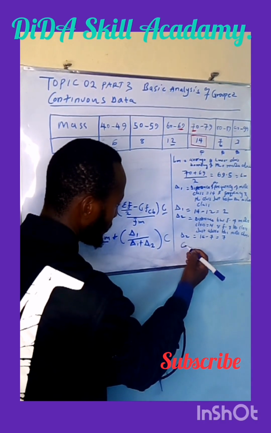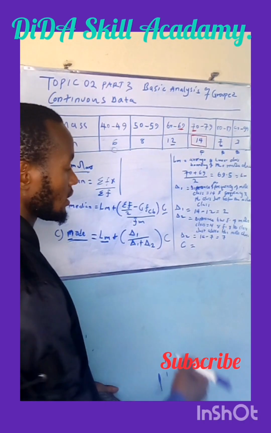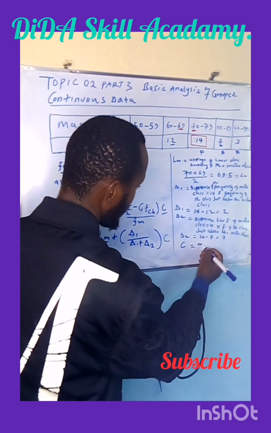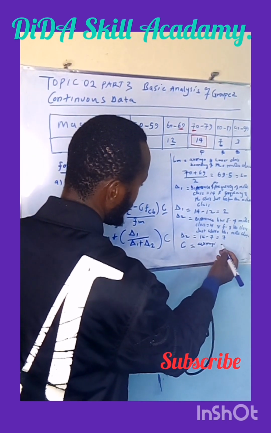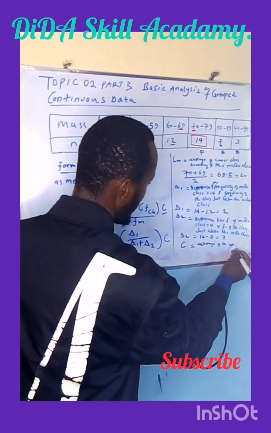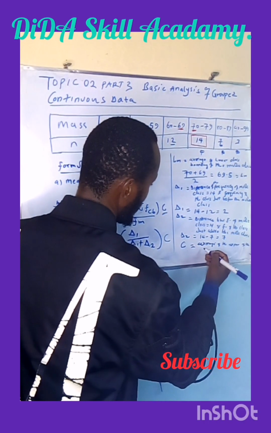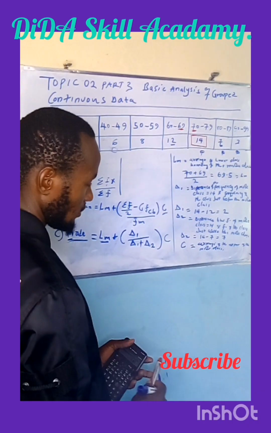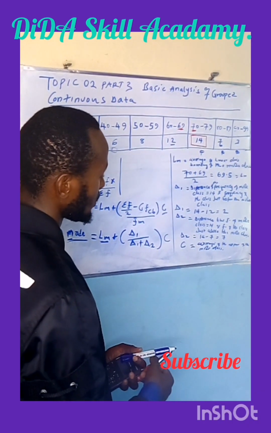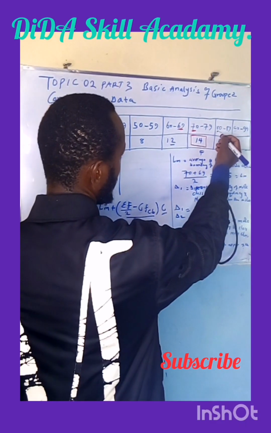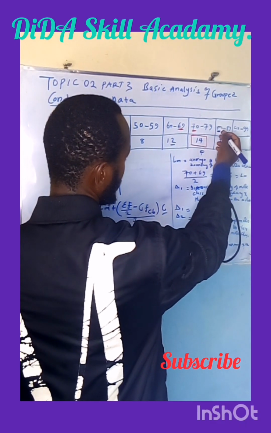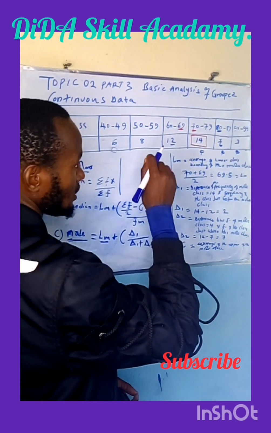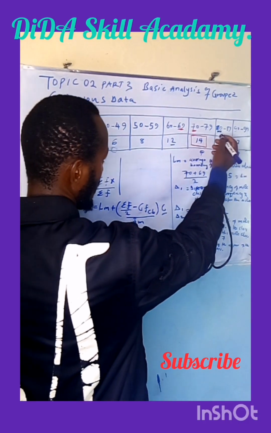So we have the class size, which is calculated by taking the difference between the average of the upper class limit of the mode class, whereby we will focus on the lower class limit of the class just above the mode class, which is 80.